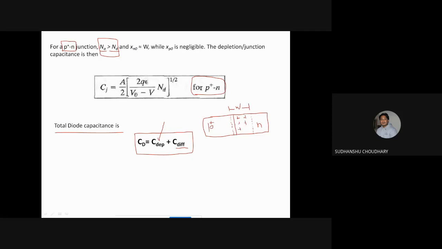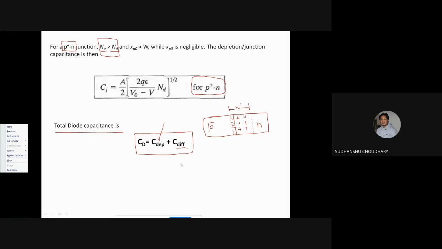Since the diffusion capacitance and the depletion capacitance appear in parallel, they add up. So the total diode capacitance is equal to depletion capacitance plus diffusion capacitance.